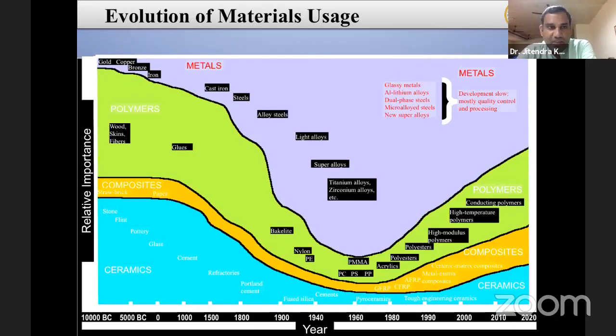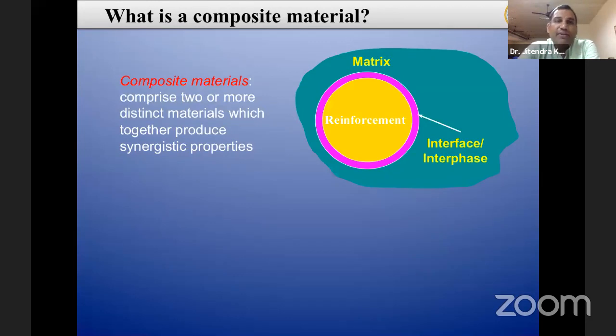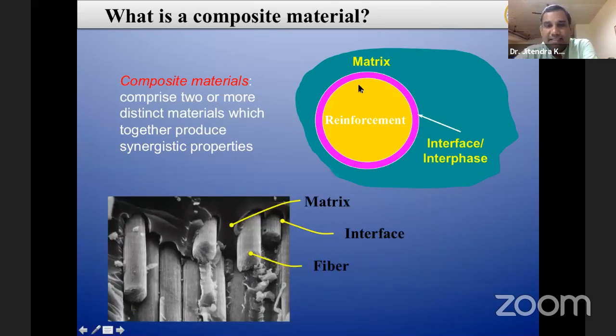So when we move further, what is the basic definition of the composite material? We have the interface, we have the matrix, and then we have the reinforcement. That reinforcement may be a short fiber. These are different types of fiber.